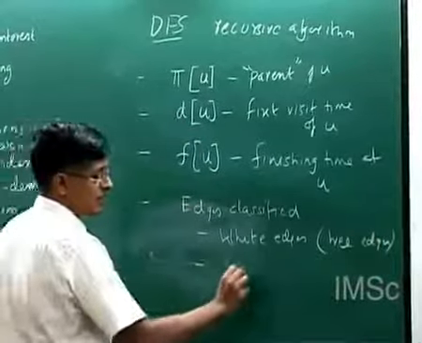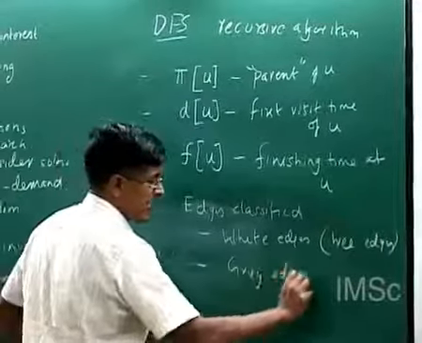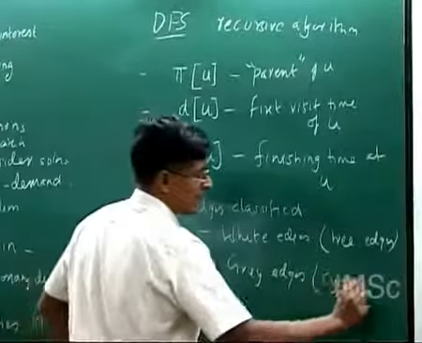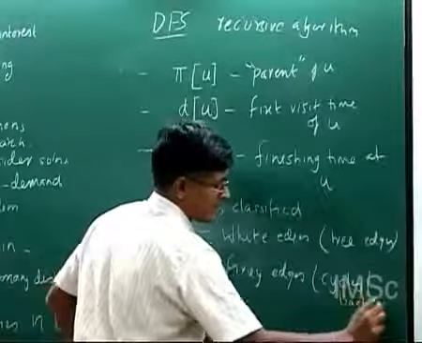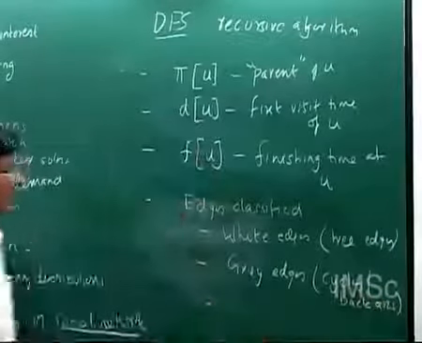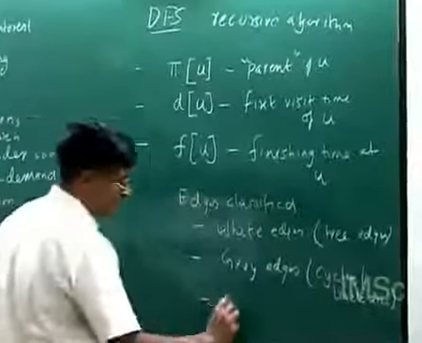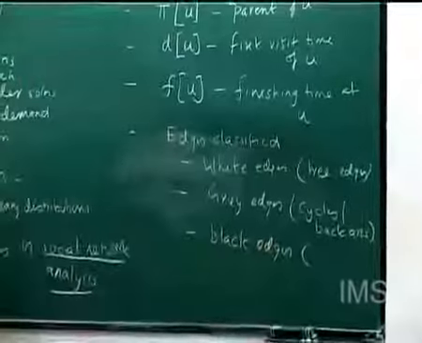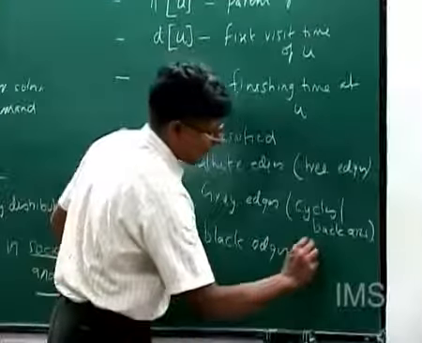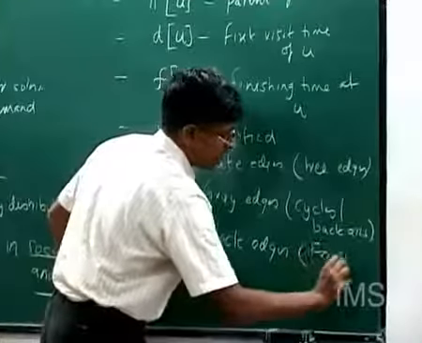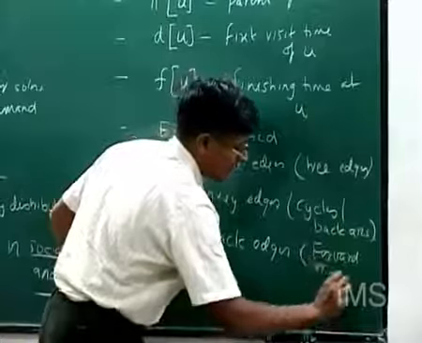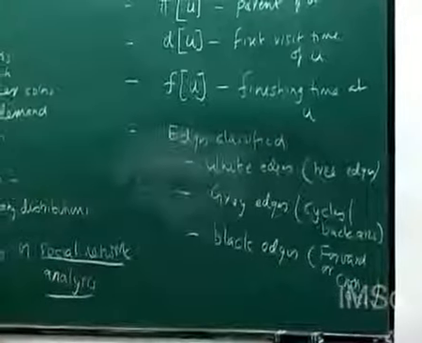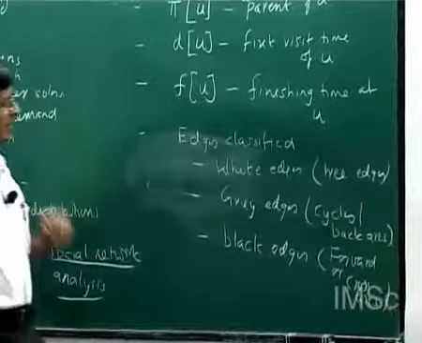Then you have what I will call gray edges, which indicate cycles or back arcs, and black edges which indicate either forward or cross arcs. Right. So the edges are classified by depth first search.